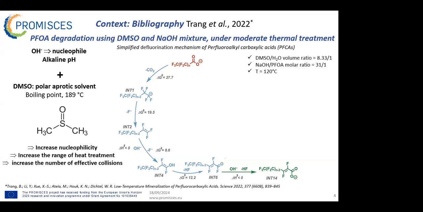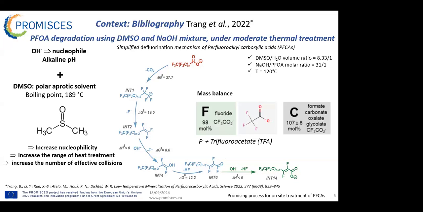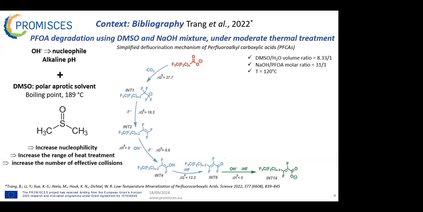Then temperature is able to remove CO2, such that the intermediate is an anion. The anion's doublet makes a double bond, such that you remove one F- to have the intermediate 2, and OH- reacts with the intermediate 2, such as to have the intermediate 4.